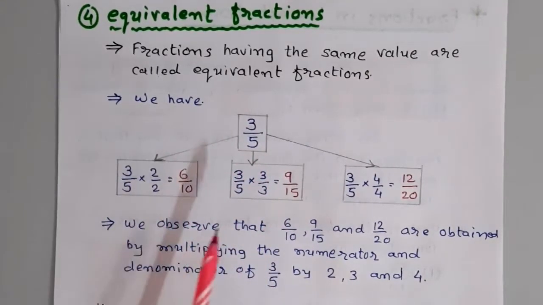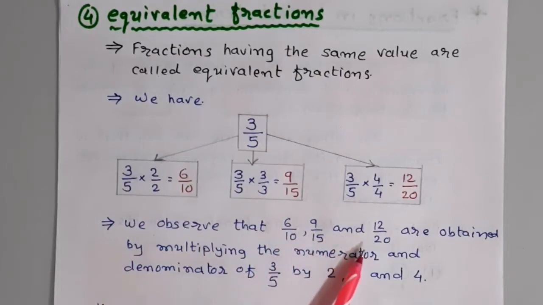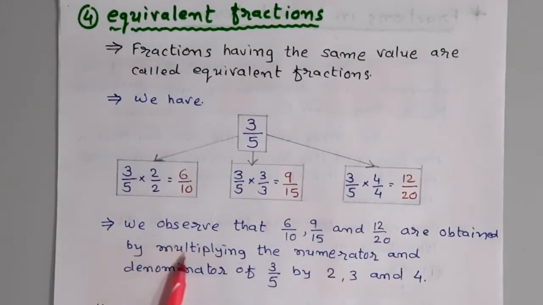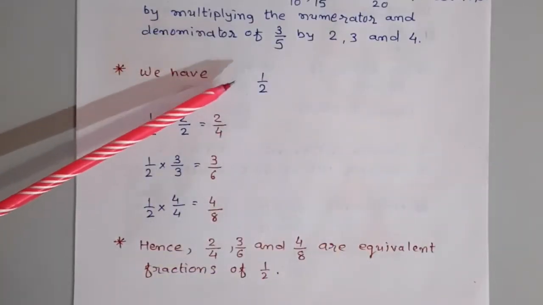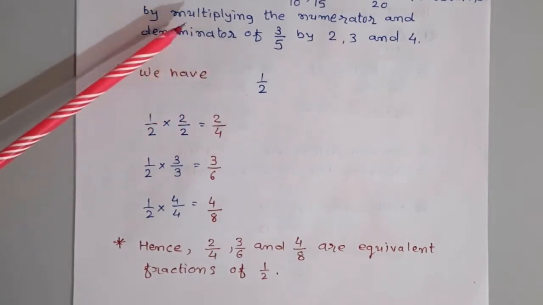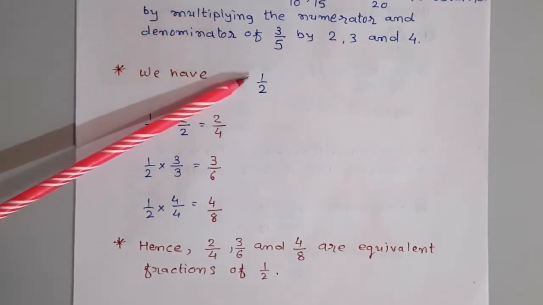So we observe that 6 upon 10, 9 upon 15 and 12 upon 20 are obtained by multiplying the numerator and denominator of 3 upon 5 by 2, 3 and 4 respectively. Suppose we want to write a few equivalent fractions of 1 upon 2.